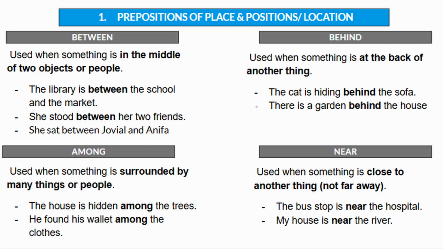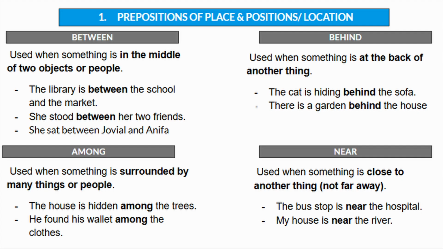We have also among. This preposition of place is used when something is surrounded by many things or people. I repeat, among is a preposition of place which is used when something is surrounded by many things or many people.